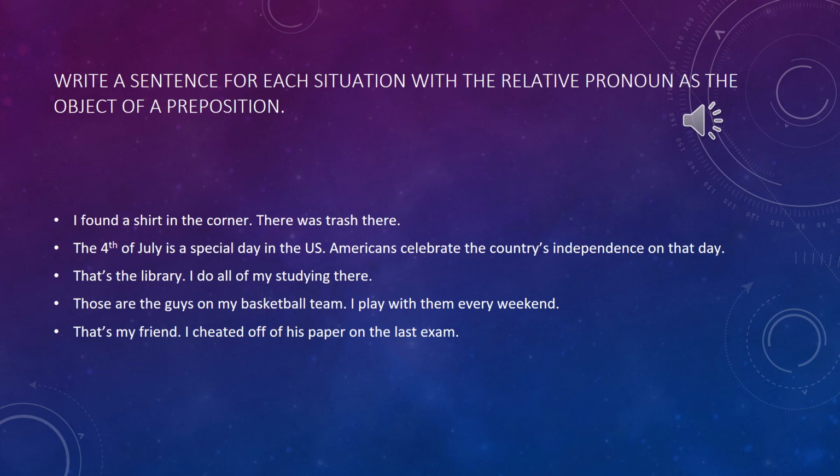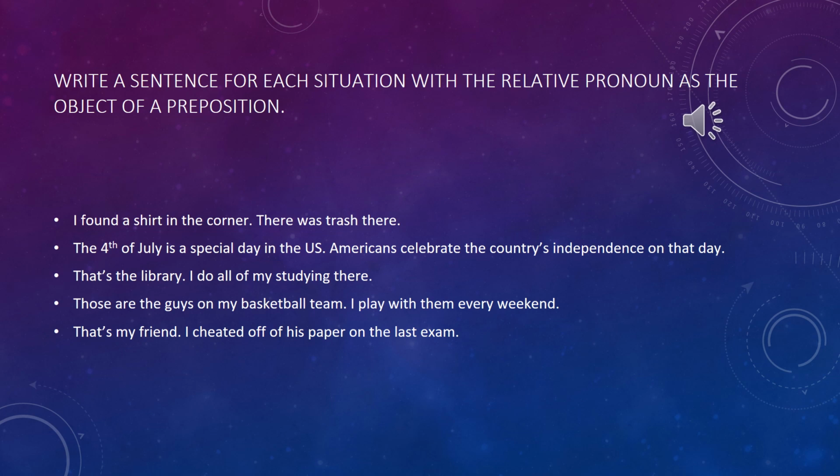So I found a shirt in the corner. There was trash there. There refers to the corner, the second there. Remember that where replaces there when you're combining sentences. However, not the there in there was or there were, but there at the end of a sentence. So I found a shirt in the corner where there was trash.